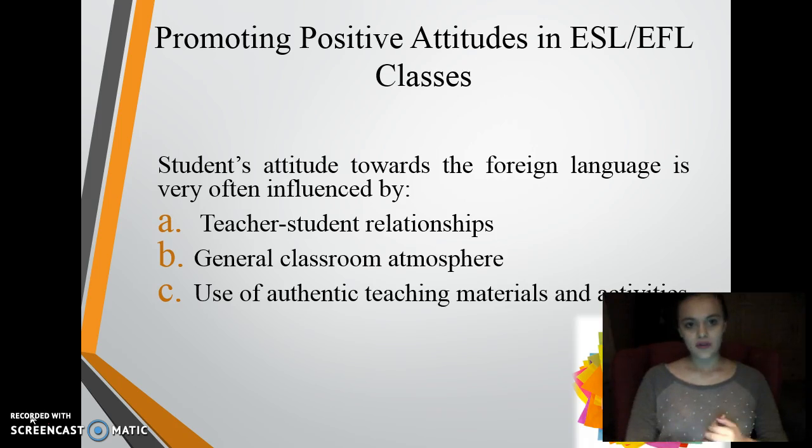The next point is promoting positive attitudes in ESL and EFL classes. A student's attitudes towards the foreign language is very often influenced by teacher-student relationship, general classroom atmosphere, and the use of authentic teaching materials and activities.